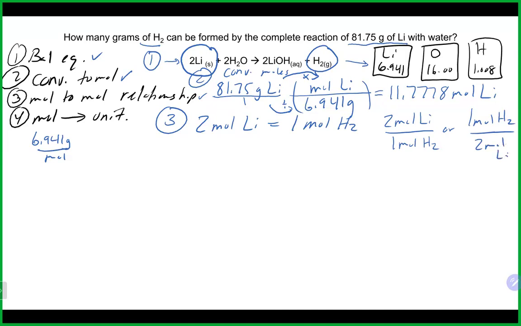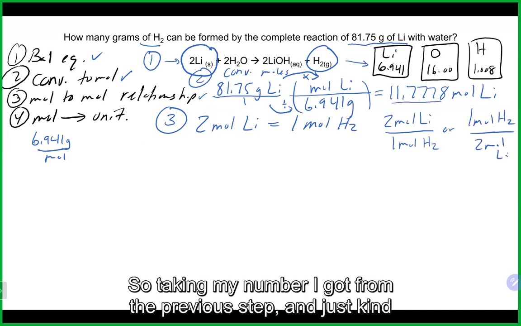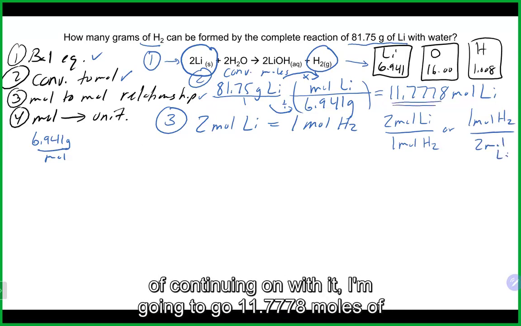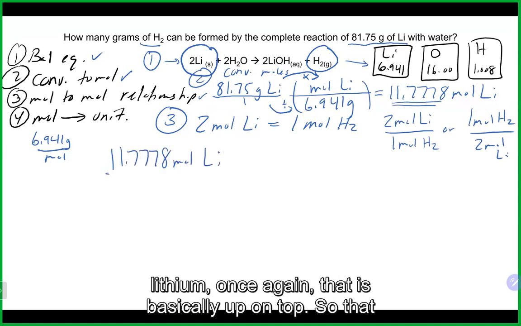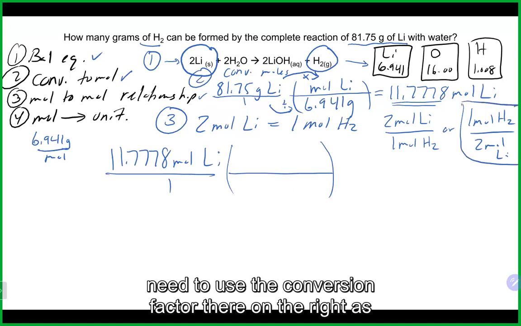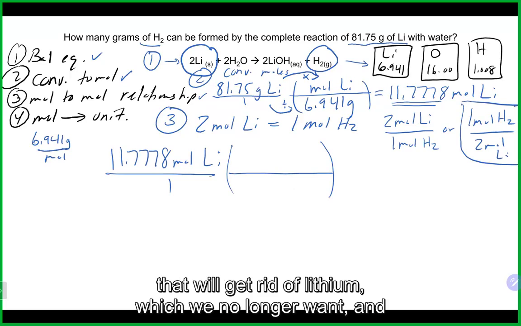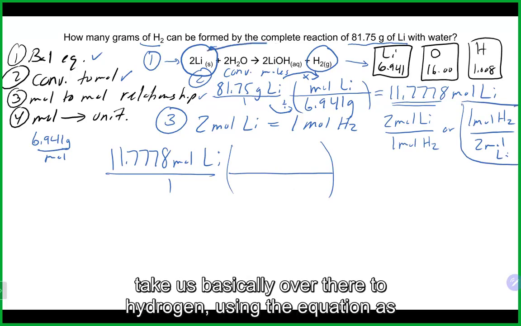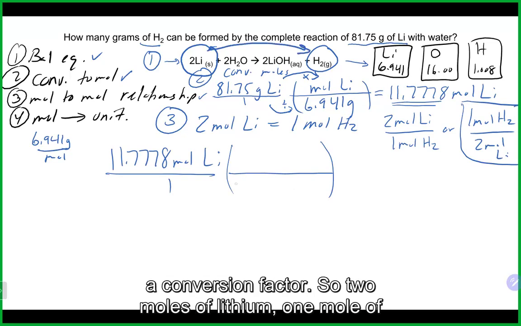Taking my number I got from the previous step and continuing on with it, I have 11.7778 moles of lithium. Once again, that is basically up on top. So that should hopefully make it an easy decision that here we will need to use the conversion factor on the right, as that will get rid of lithium, which we no longer want, and take us over to hydrogen using the equation as a conversion factor.